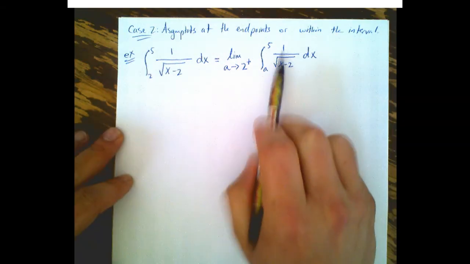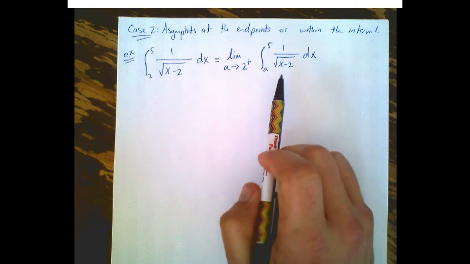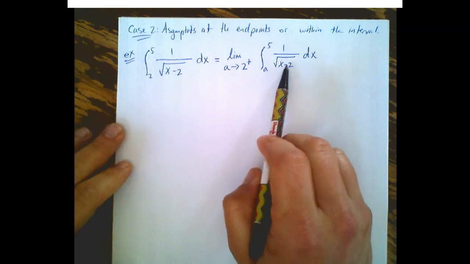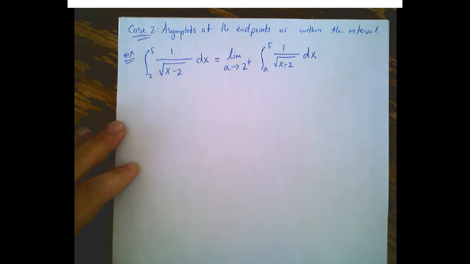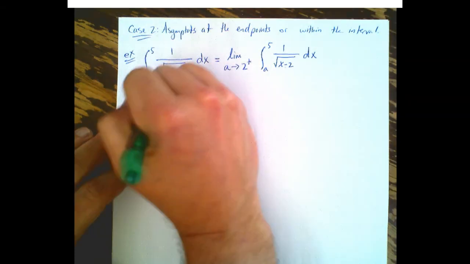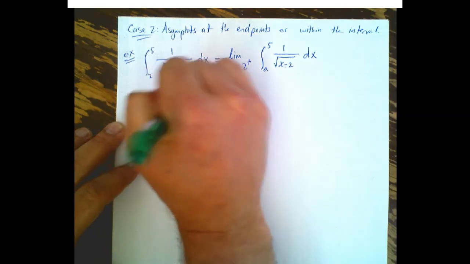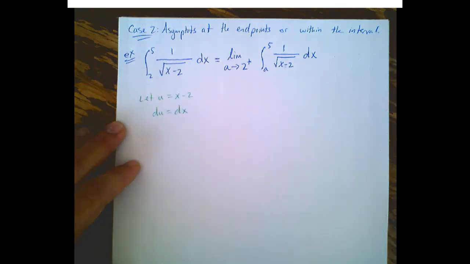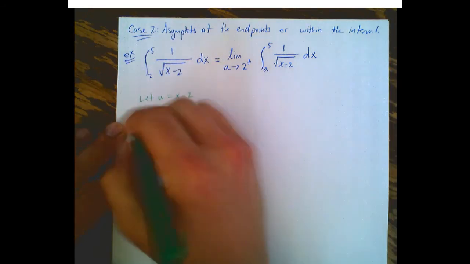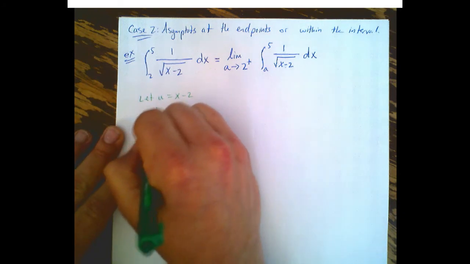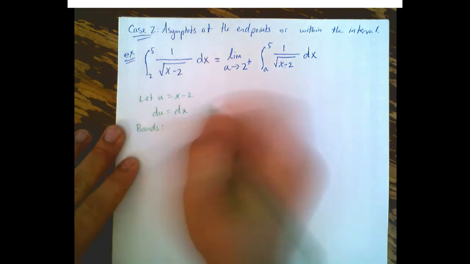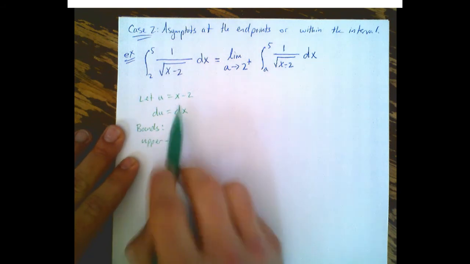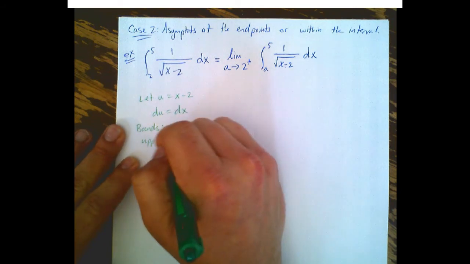Alright, so let's anti-differentiate this. Well, we can use a u substitution. So we're going to let u equal x minus 2. So du is dx. Now our bounds, the upper bound will be 5 minus 2, which is 7.